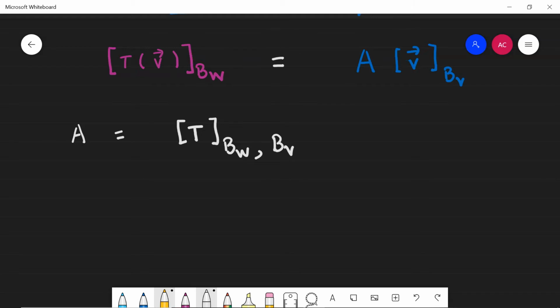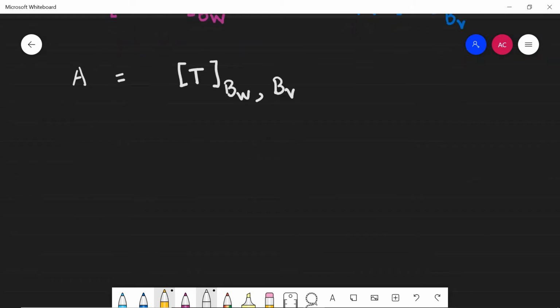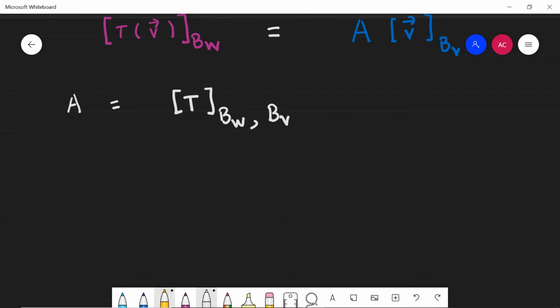Okay. So altogether, what we have is the following. We have that a matrix representation is a matrix for which the following is true. I'm just going to rewrite this equation that I have upstairs. It's T applied to a vector V, after looking with respect to my basis for the codomain.